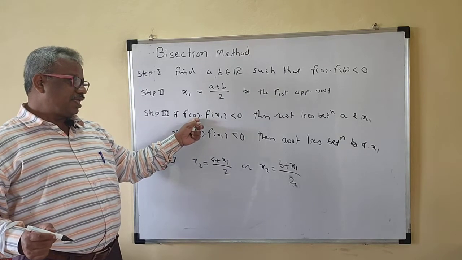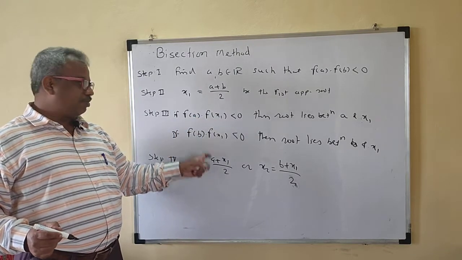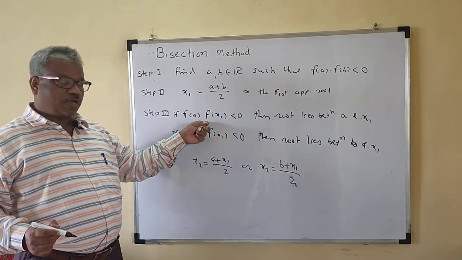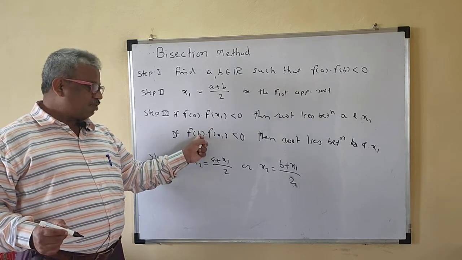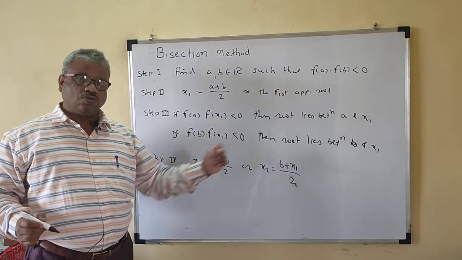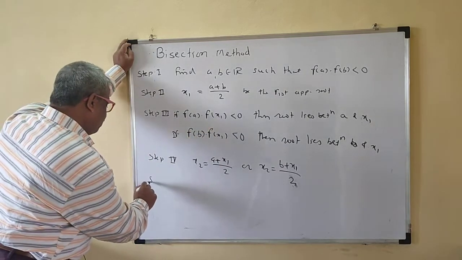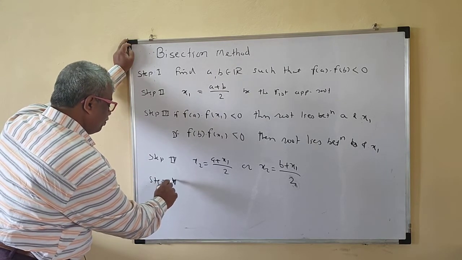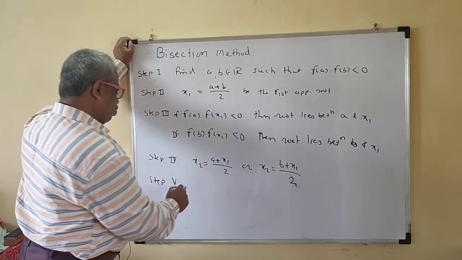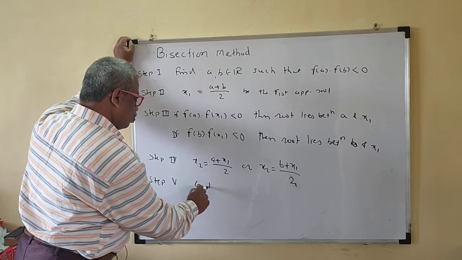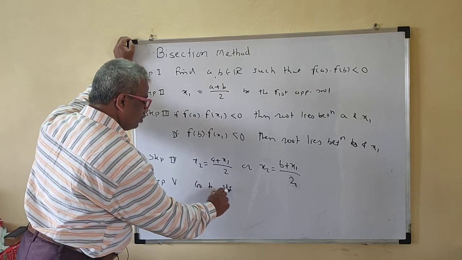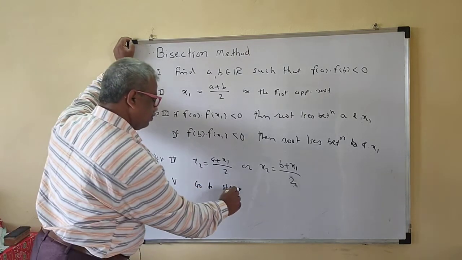If this is less than 0, then your root lies between these. If it is positive, then ignore this, and you have to take f of b into f of x1, and the root lies between those. Step 4, go to step 3.